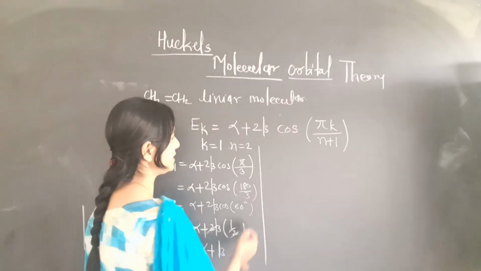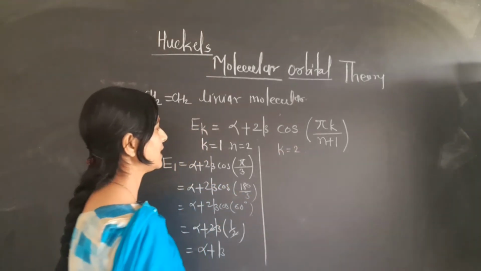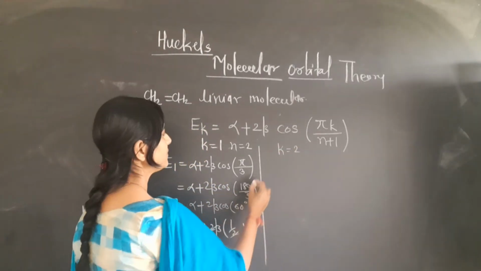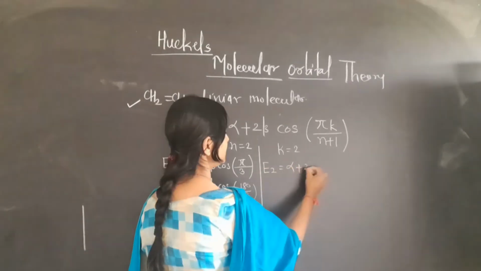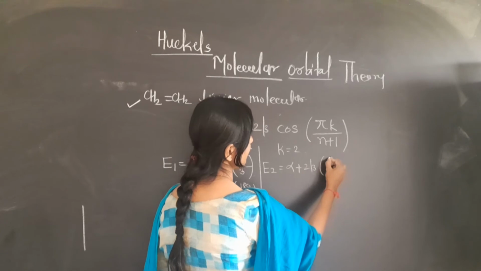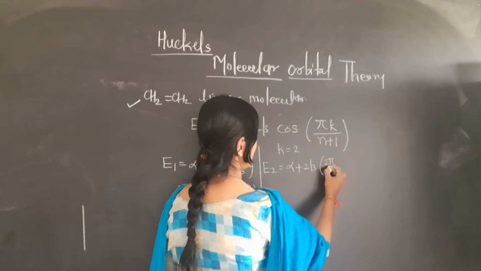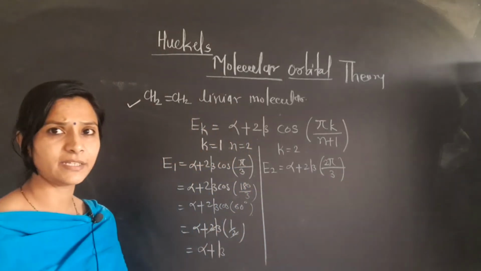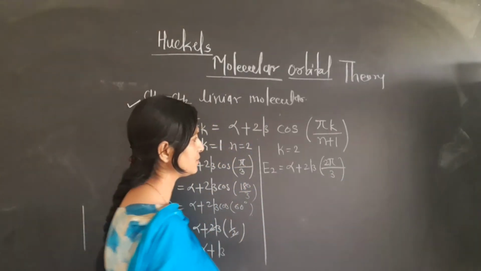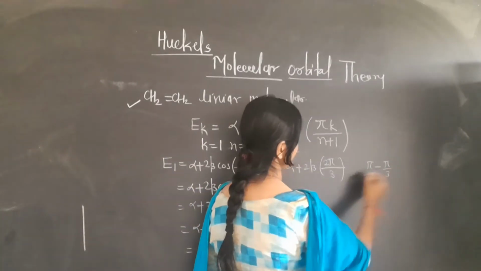Now the second one, when we consider k equal to 2. I substitute the value of k into this equation and get 2 pi by 3. For mathematics students, it is very easy: pi minus pi by 3.